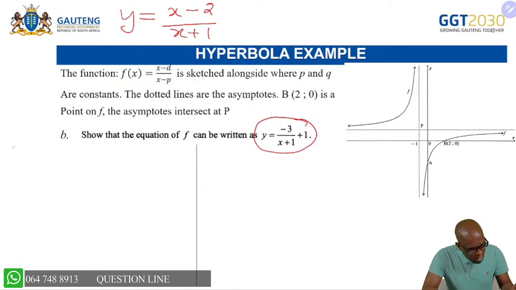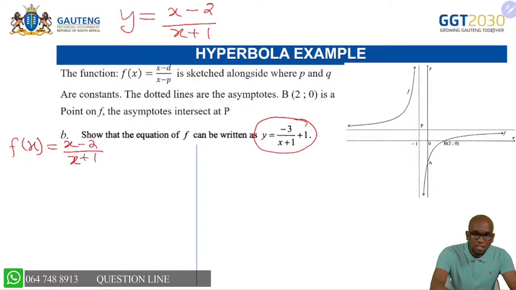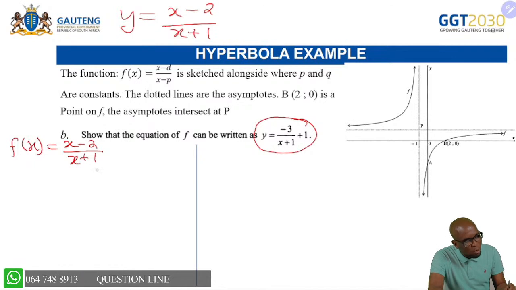Right, we have f of x is equal to x minus 2 over x plus 1. If we want this to look that way, it means we should have 2 fractions. So we should try to make our numerator the same as the denominator.